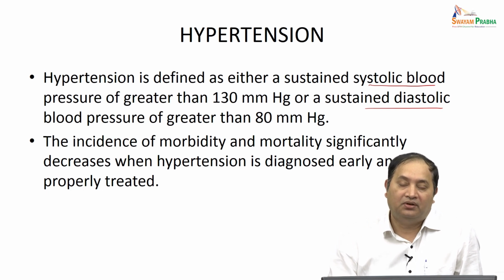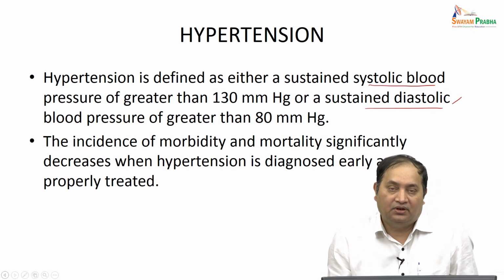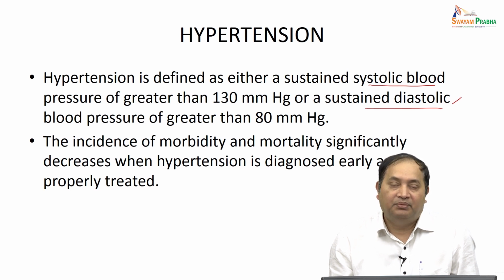All of these define hypertension by looking at systolic and diastolic blood pressure, if it is beyond 130 or 80.